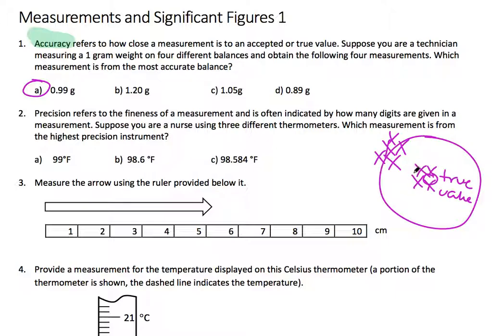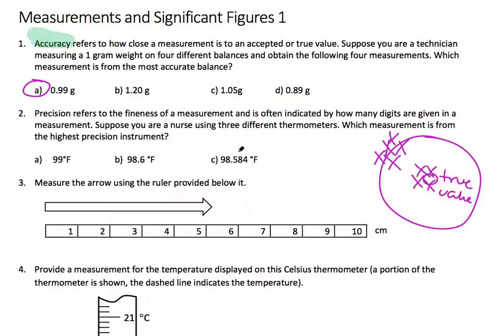So for measurements to be close to each other, it's nice for them to have very fine measurements, meaning the number of decimal places. I want to be able to have numbers that are very close to each other because they have more decimal places and more ability to be close to each other. So for example, 98.584, maybe I might have measurements that are decimals away from each other, but pretty much similar in many of these digits.